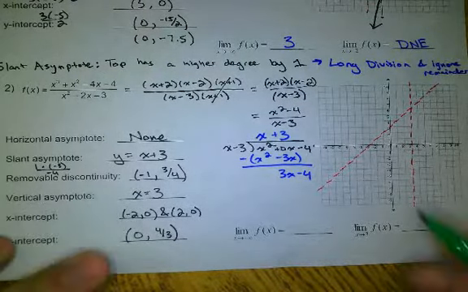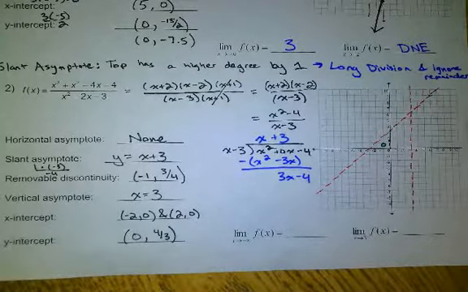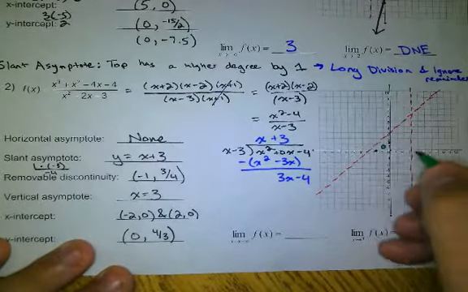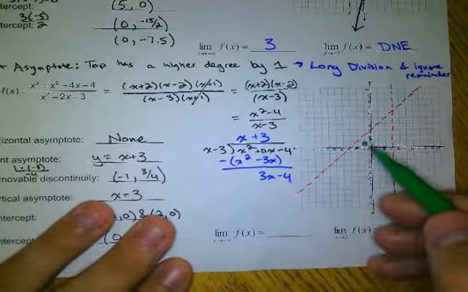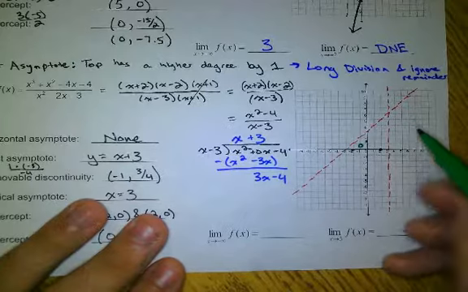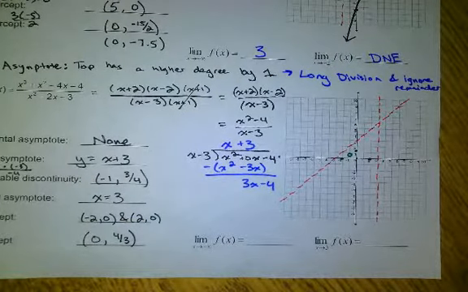I have y-intercept at 0, 4/3. I also have -2 and 2 as my zeros. So I know an awful lot about this side over here. I know nothing about if I'm going to go on top and bottom over here. So how can I figure out if I go top or bottom? I'm waiting.